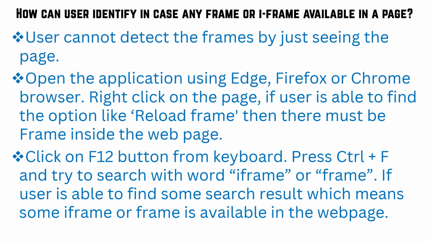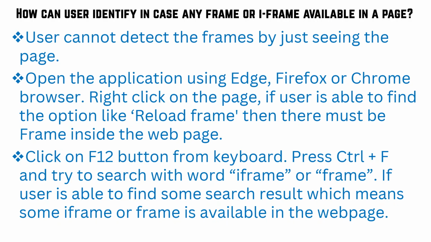Now, by seeing the page, it is not possible to understand whether a frame or iframe is there or not. So what is the way you can understand whether a frame or iframe is available? There are two approaches. The first one is that the user needs to open the application in any browser like Chrome, Edge, or Firefox.